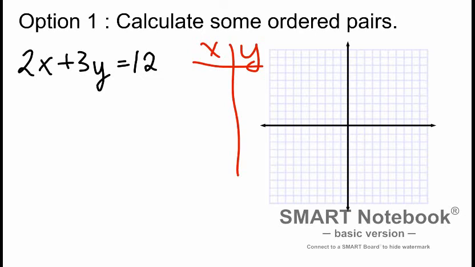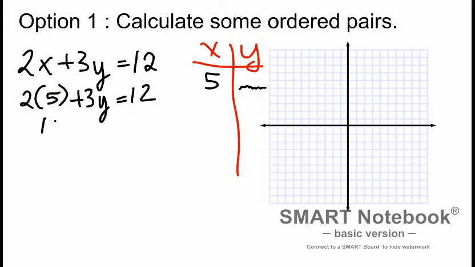So showing how that works for just one ordered pair, I'm going to think of my favorite number. My favorite number is 5. So I'm going to plug 5 in for x and determine what is the value of y when x is 5. Well, I go over to the equation and I replace x with 5, and I solve this equation for y.